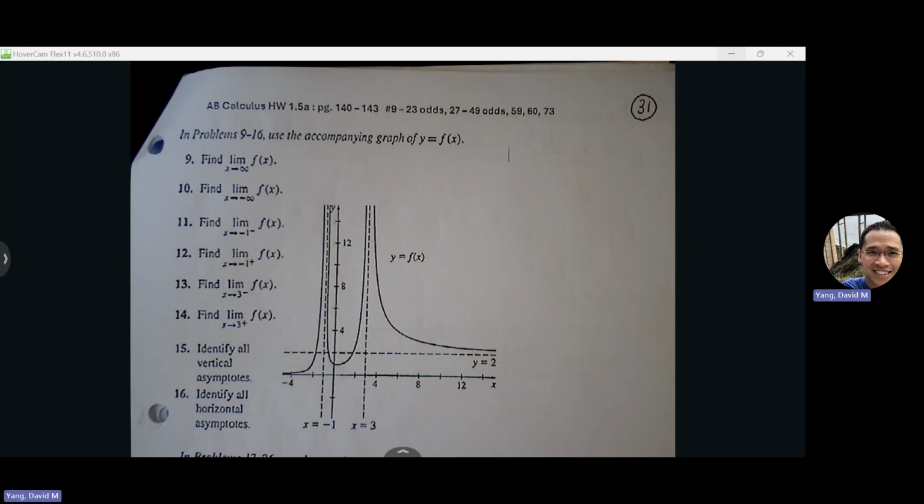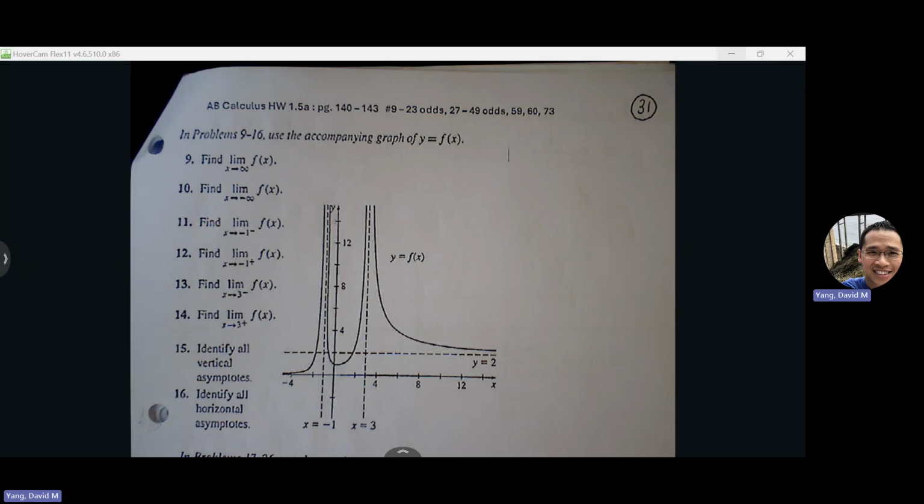Approaching 1 from the left, the x value is approaching a vertical asymptote, and our y value is approaching positive infinity. From the other side of the vertical asymptote, also headed towards positive infinity. Approaching 3 from the left, another vertical asymptote, positive infinity.